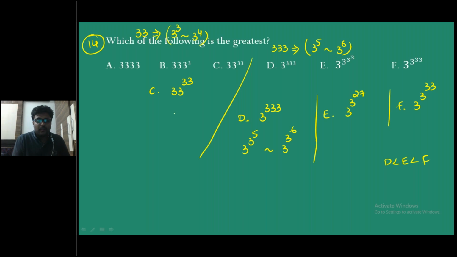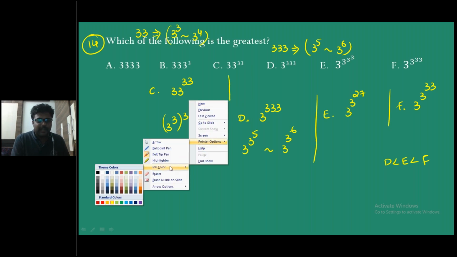Now here, what you can do, this 33 I'm writing as 3 power 3 whole power 33 or 3 power 4 to the power 33. It lies in this range. Now we can say 3 power 99 to 3 power 132.